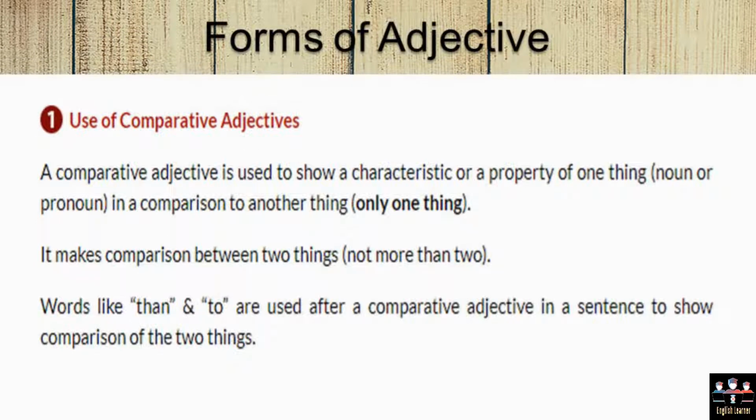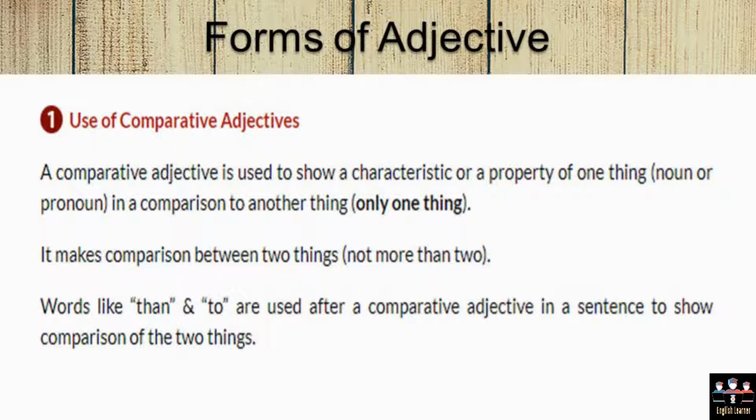Forms of adjective. Number 1, the comparative adjective. A comparative adjective is used to show a characteristic or property of one thing, which can be a noun or a pronoun, in comparison to another thing. That other thing should be only one, not more than one.